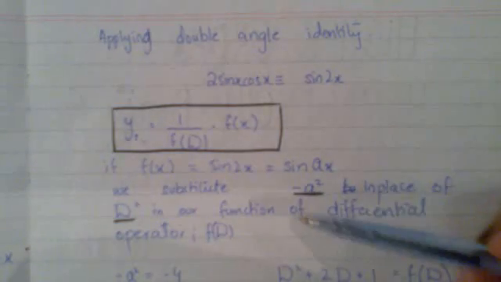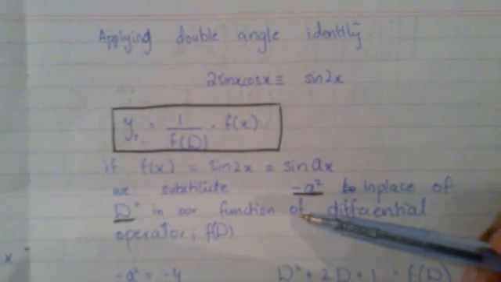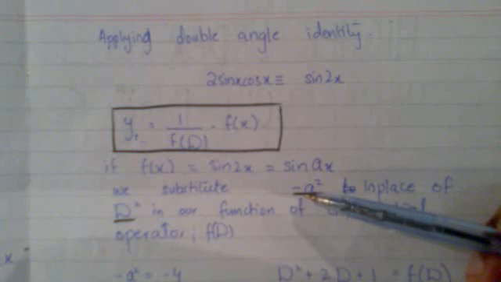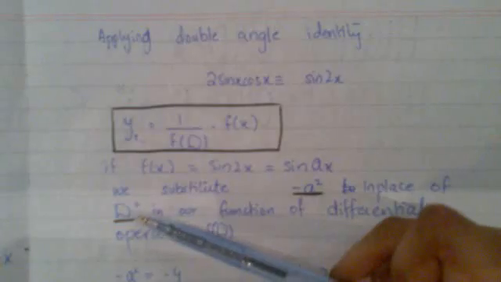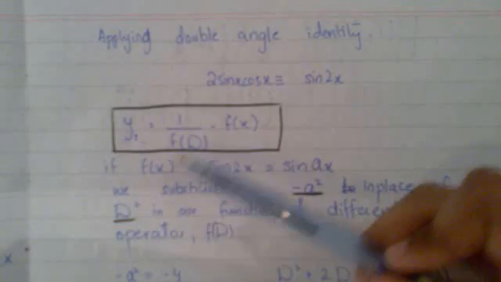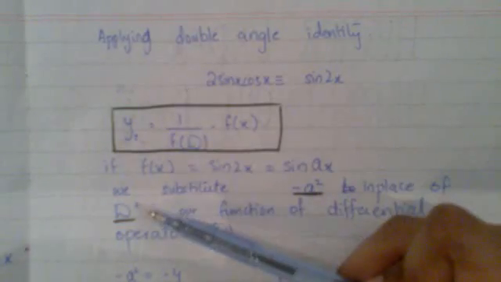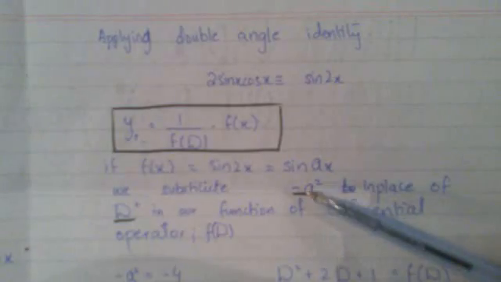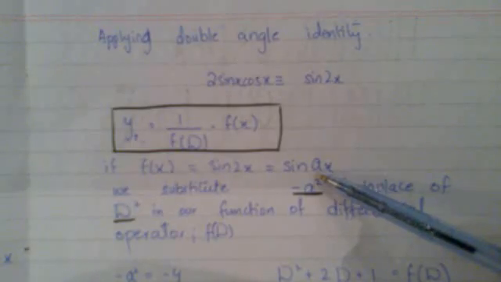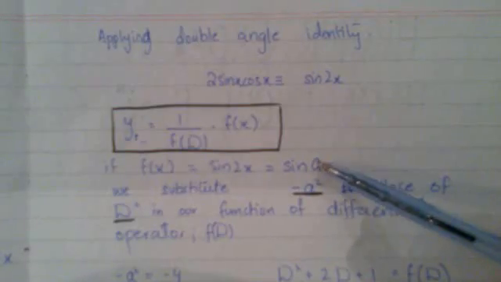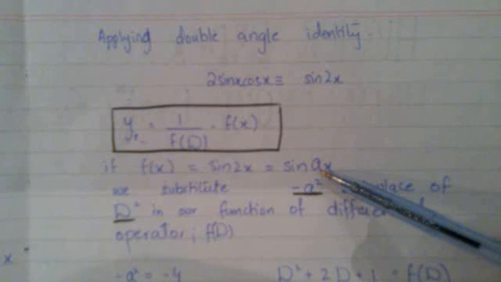There is a technique that we can apply: we will substitute the D square term in our function of the differential operator by minus a square. What is a? A comes from the f(x) term in our question, the coefficient of x in the angle.